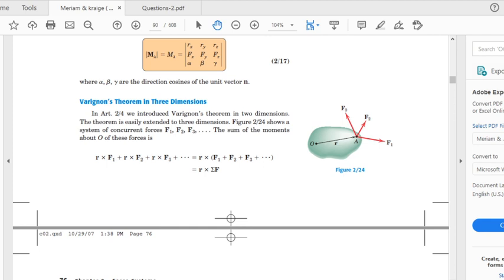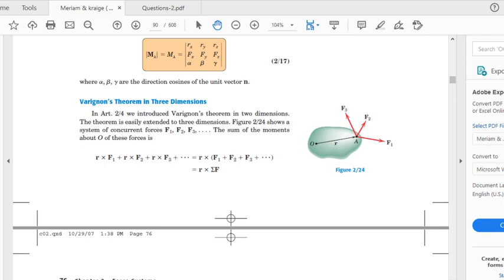In 3 dimensions, it states that if we have a number of forces, say F1, F2, F3 and so on, we can have as many forces as are given, but this is applicable to a system of concurrent forces only.